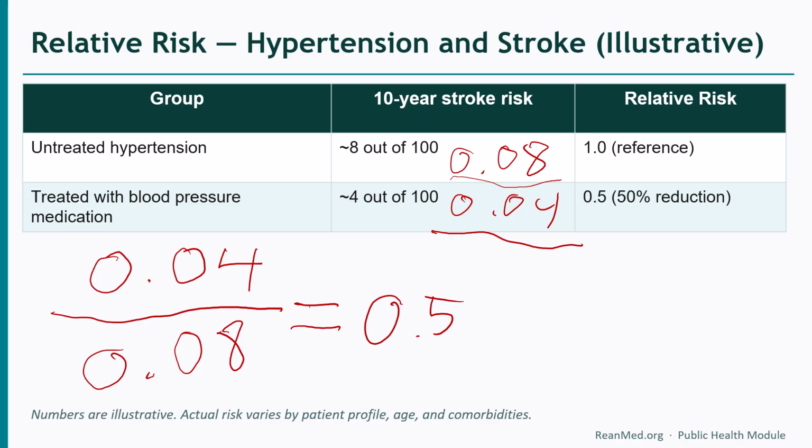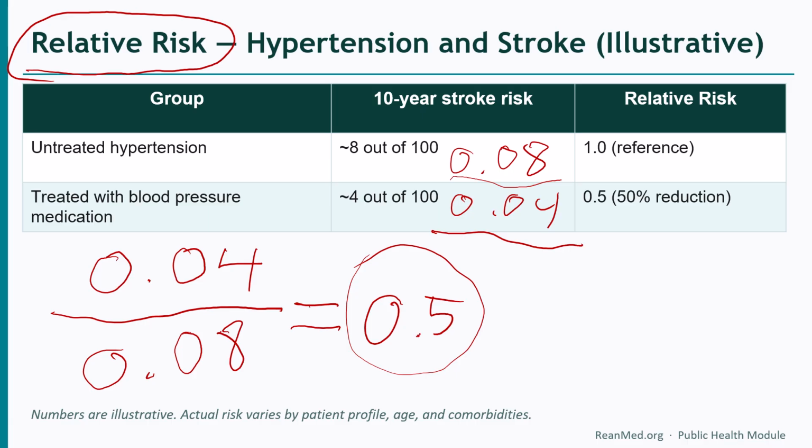This number is the relative risk. It tells us how the risk of having a stroke when you're on medication compares to your risk when you don't take medication. So we see that your risk when you take the medication is only half as much, which is very good.